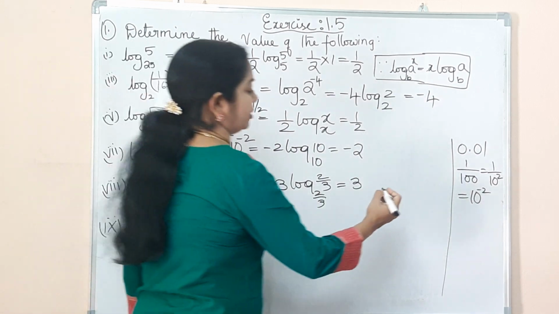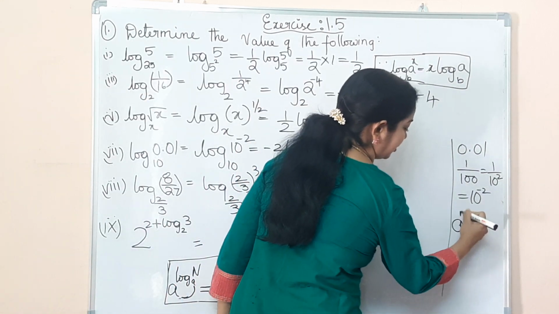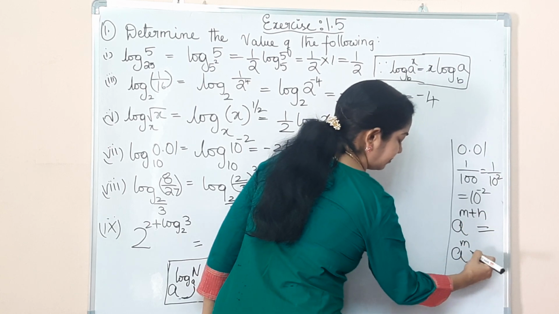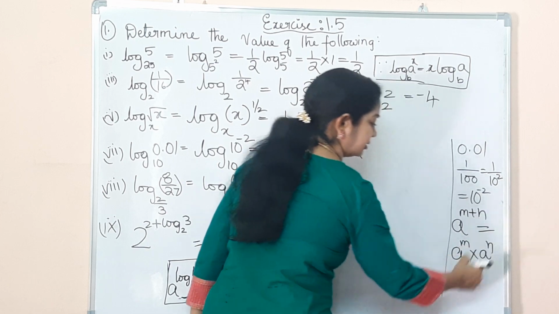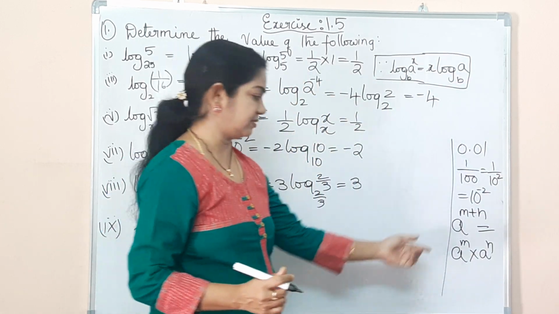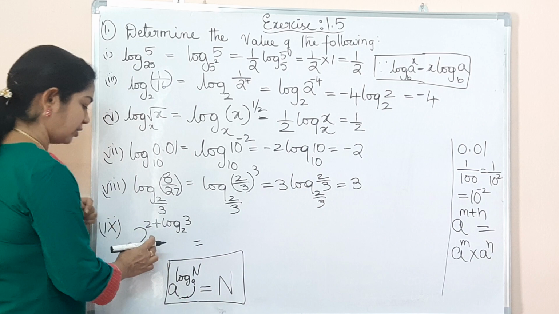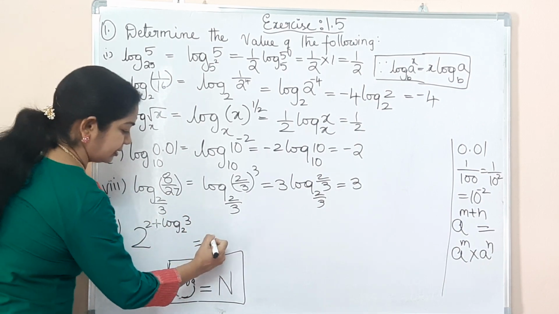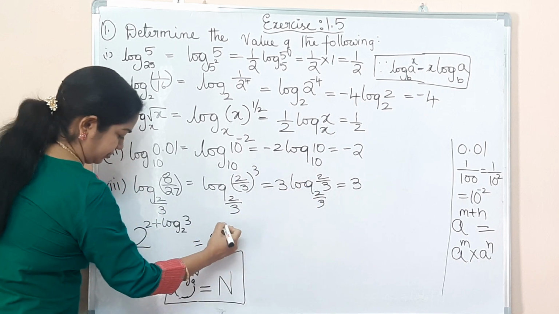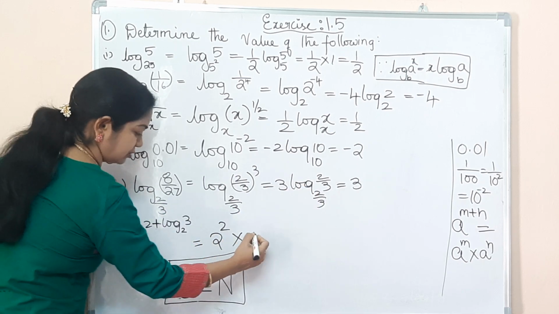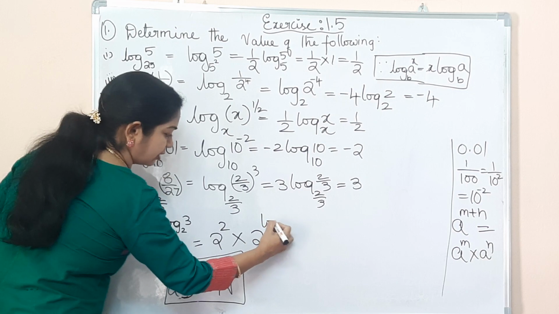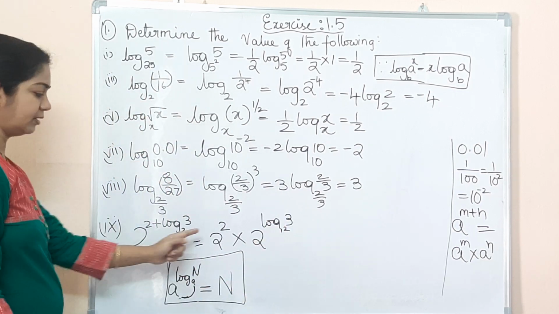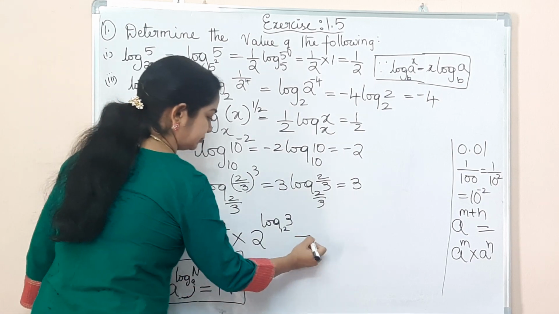And also we know that in the exponents, a to the power of m plus n is a to the power of m into a to the power of n, the laws of indices, the first one. So like that, what I'll do, the exponents are added, so I'll write it in the form of multiplication. So it comes to 2 square into 2 to the power of log 3 base 2. Now 2 square is 4.